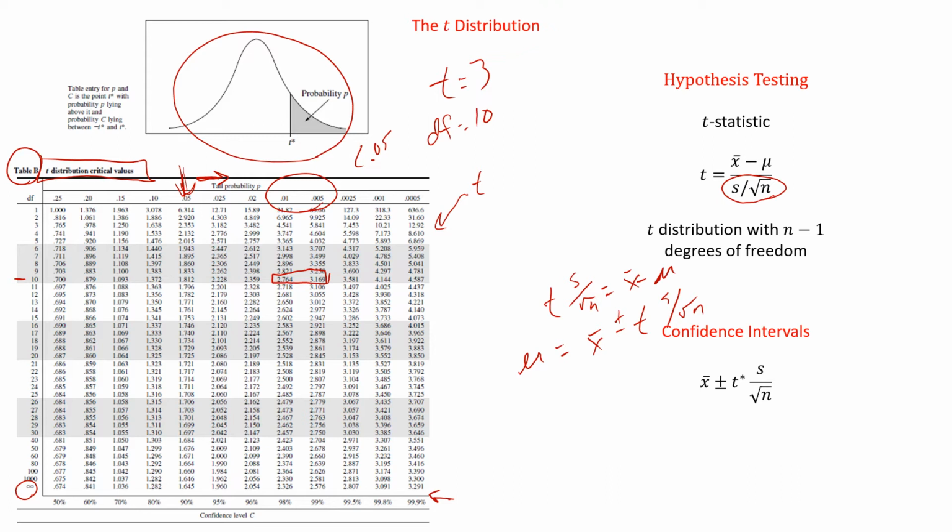If we wanted a 95% confidence level, you would just look there, and then you'd go up to our degrees of freedom, which was 10, so our t would be 2.228 instead of 1.96. But we end up with a t star because we're picking the t based off our confidence interval. So that's just an aside.